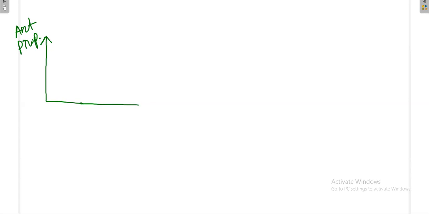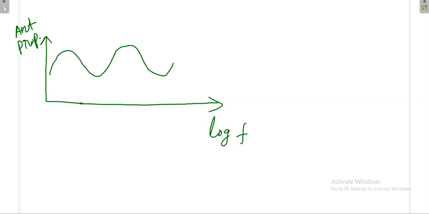Now on this axis I am going to mention frequency, and this is log frequency. You have already designed the antenna. You mark any one of the properties, and it follows like this. Say at some frequency you get some input impedance.